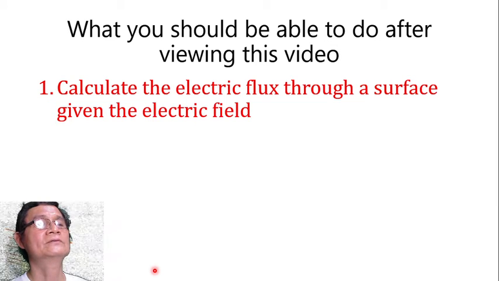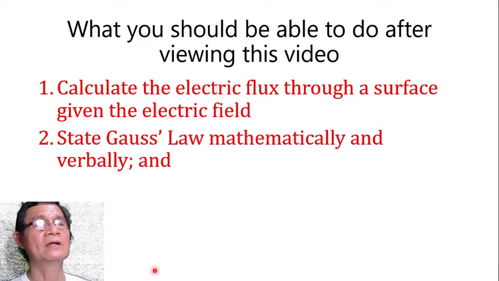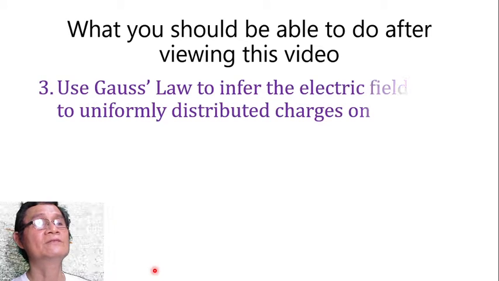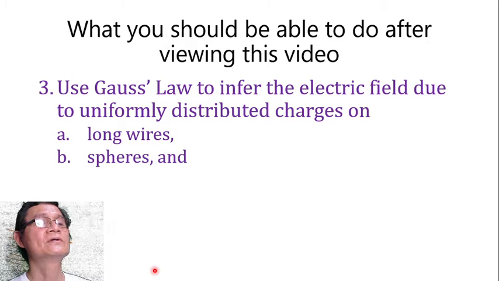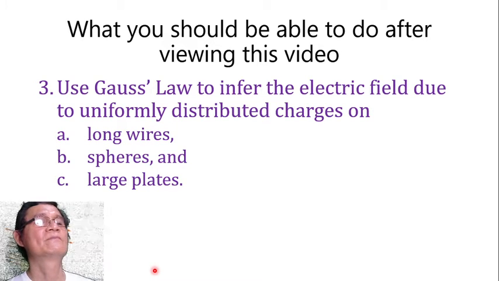Read na siya, so no need for me to state that again. This is our objective for today: use Gauss law to infer the electric field due to uniformly distributed charges on long wires, spheres, and large plates. You will understand why these are the three shapes chosen later on.